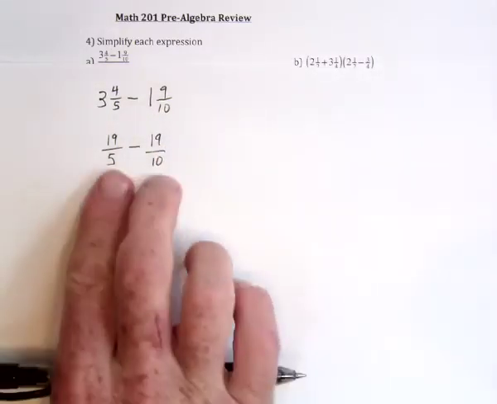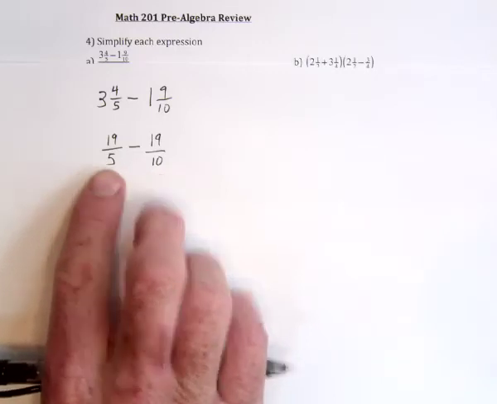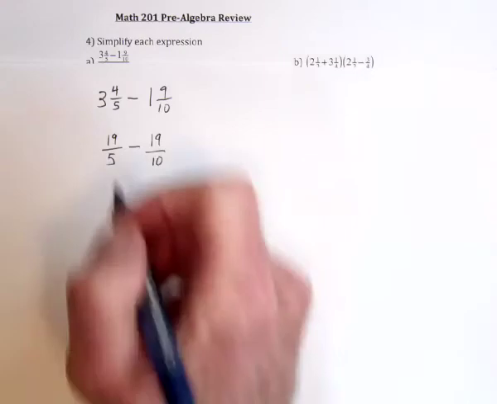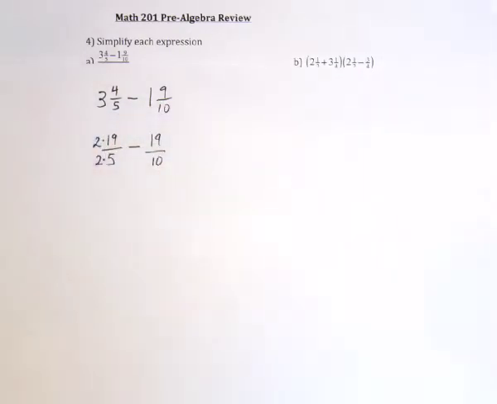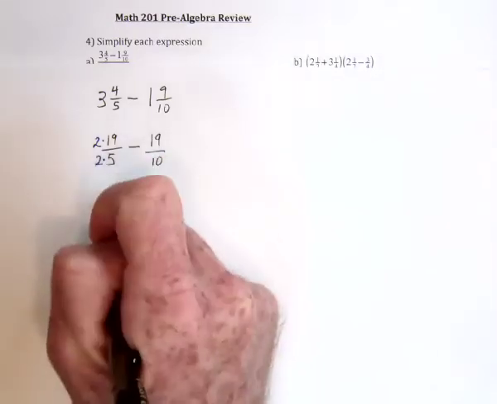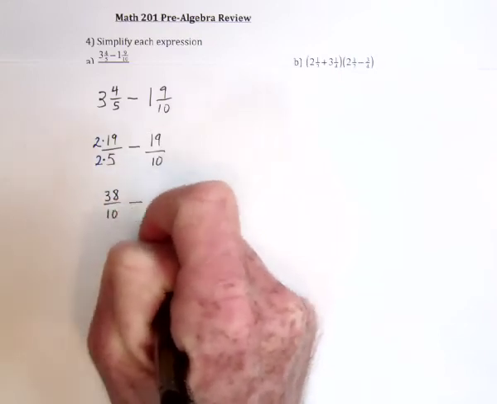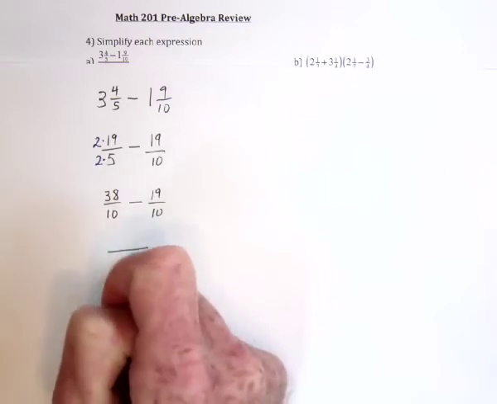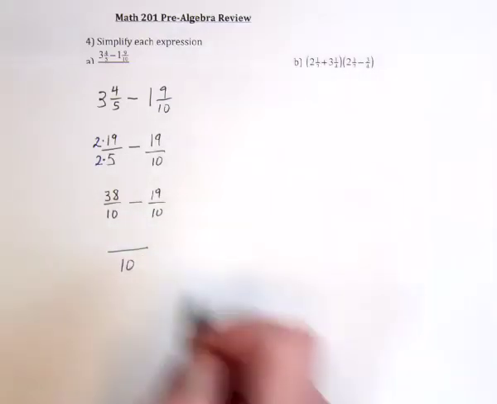For a 5 and a 10, the least common denominator is 10, so this one needs to be multiplied by a 2 on the top and the bottom. So 2 times 19 is 38, so we have 38 tenths minus 19 tenths. Well, that's going to be tenths, and 38 minus 19 is 19.